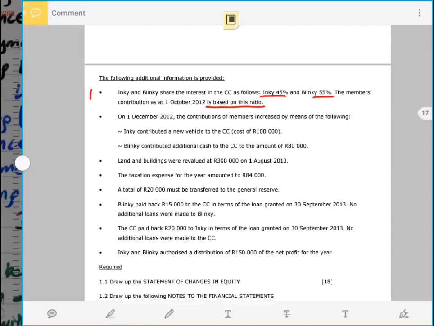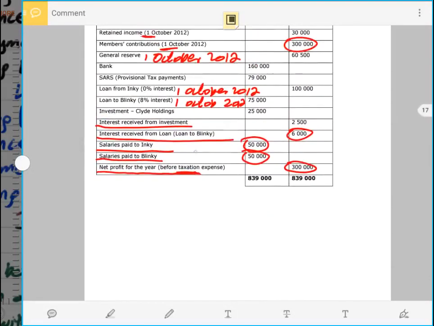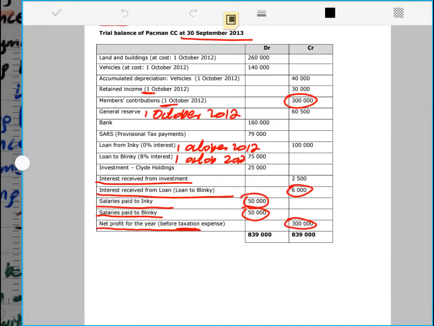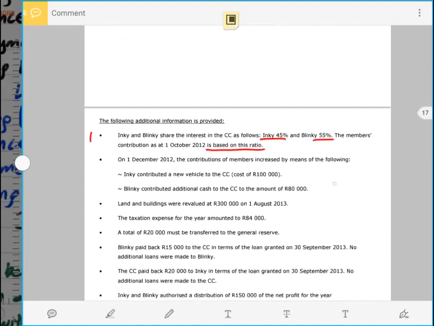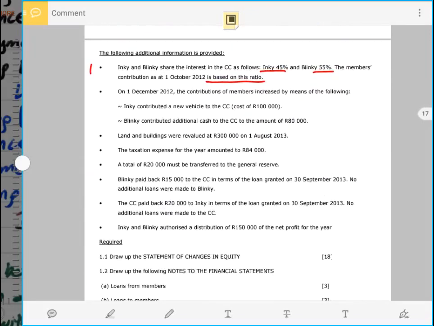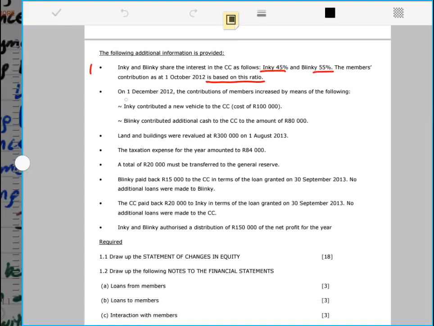That means the members' contribution that we have seen in the trial balance, which amounted to 300,000 rands, is based on those interests. Therefore, we multiply by 45% and by 55% to get the opening separate members contribution at the beginning of the year, 1st of October 2012.